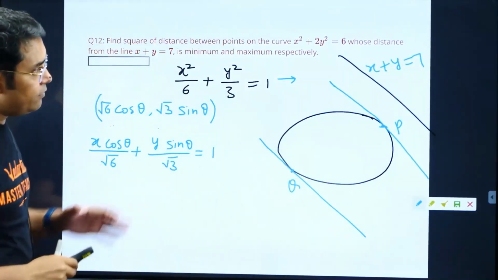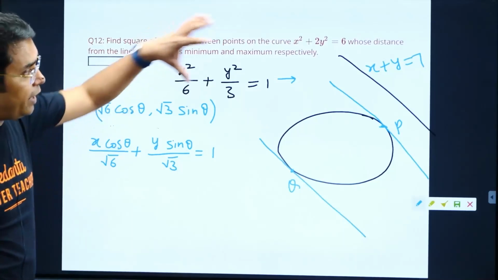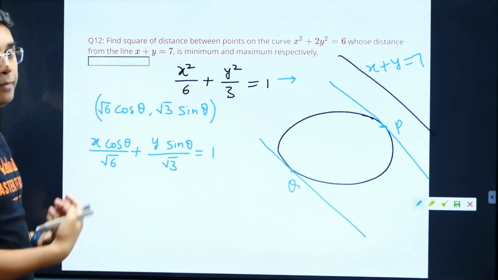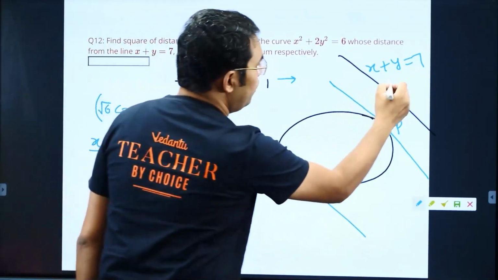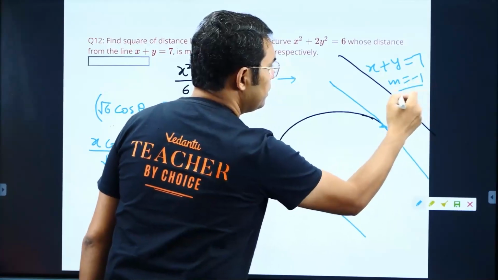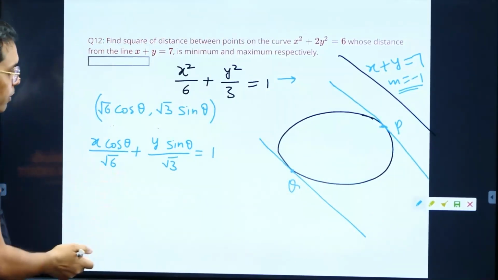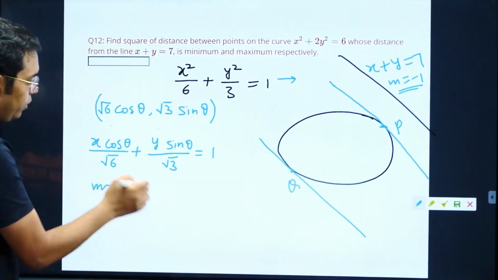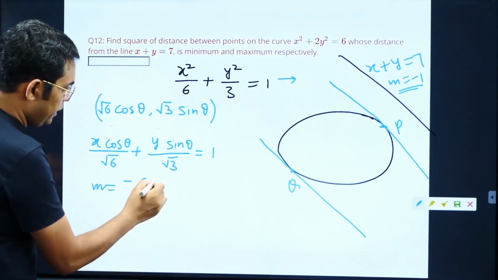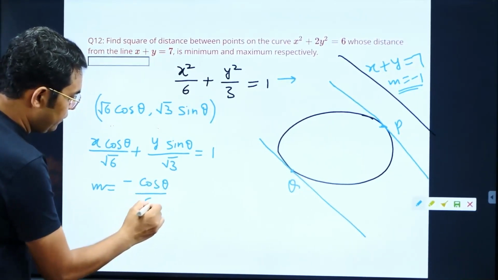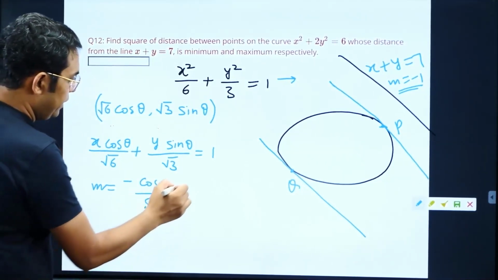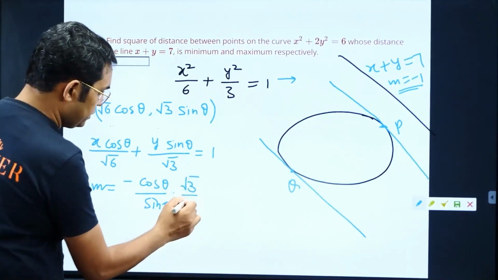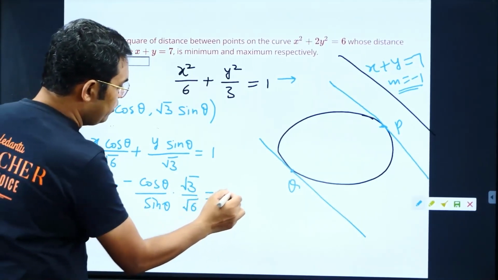Okay, that means if they are parallel, the coefficients of x and y should be in the same ratio, or you can say the slope here is -1. So the slope here also should be -1. The slope here would be minus cos theta upon sin theta times root 3 upon root 6, and that will be equal to -1.